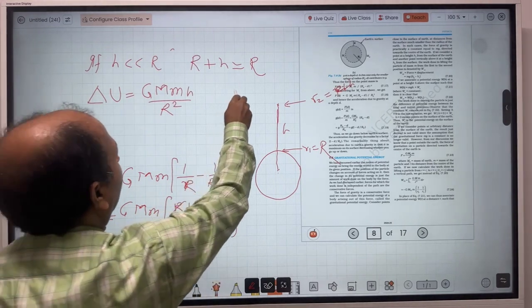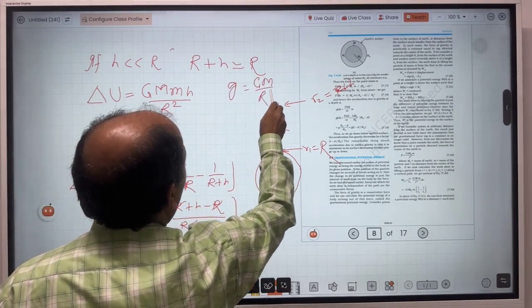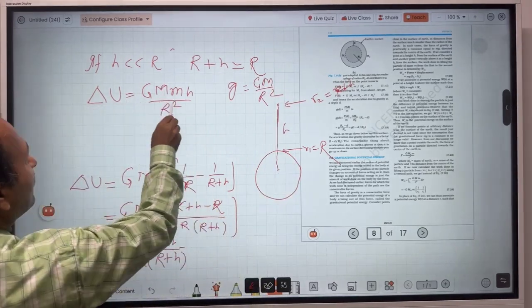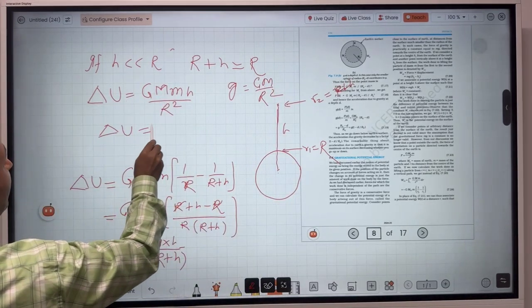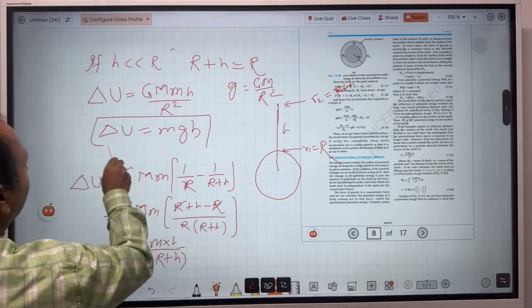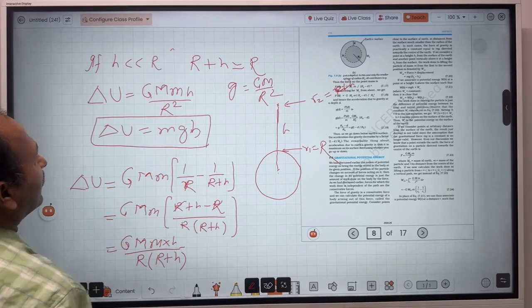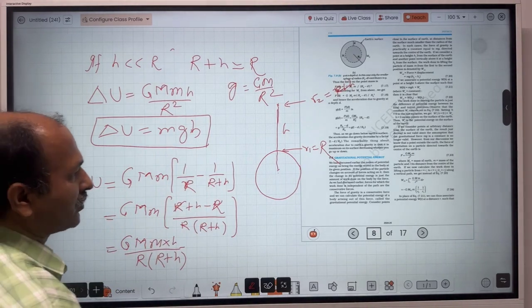But if you remember, small g is given by GM divided by r square. So here GM upon r square will become small g. So delta U will become mgh. So this is the general expression that we use for potential energy. So I think you have understood it fully.